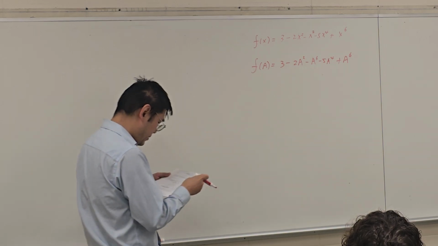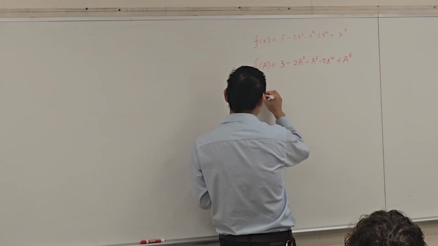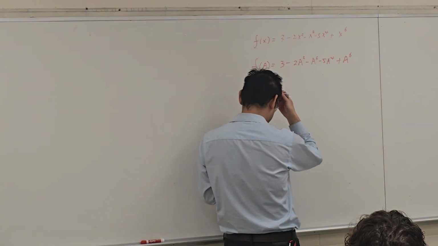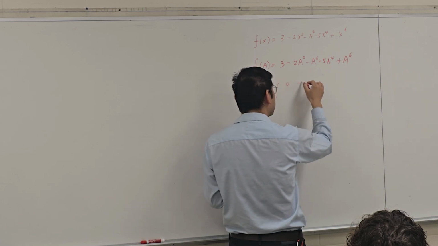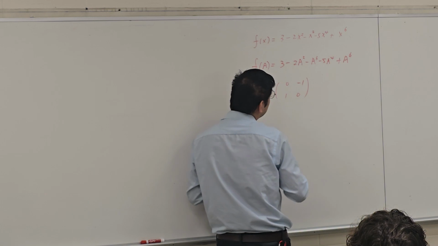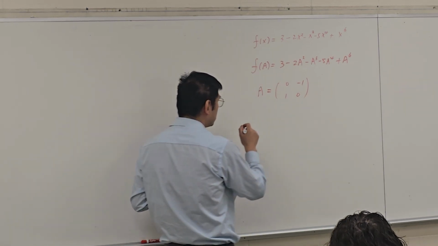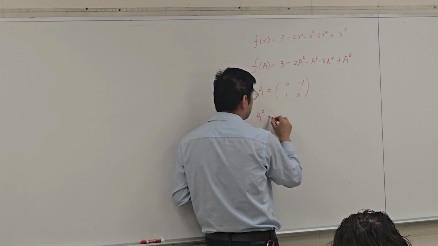Okay, so let's do one example. Let's say my A is a very special one of my choice, to make my lecture simple. Of course, it can be complicated. If my A is this, then try to evaluate what A squared is.